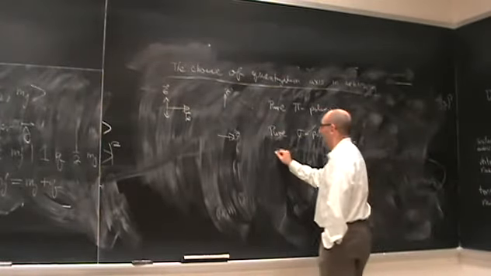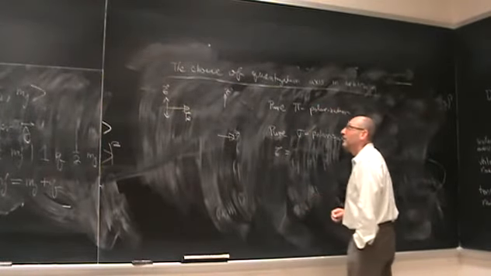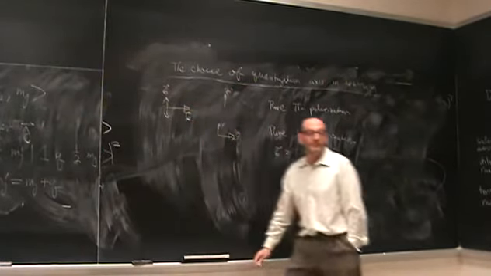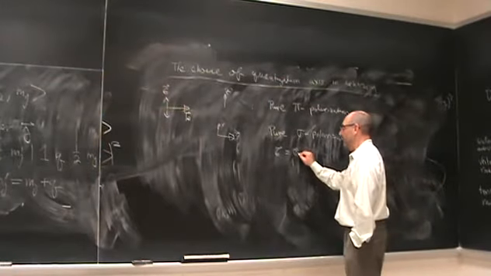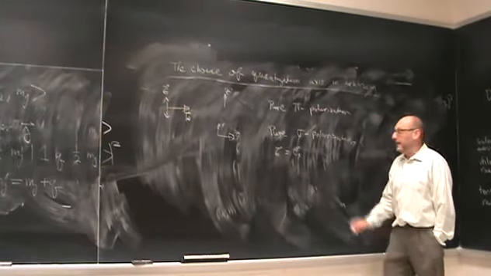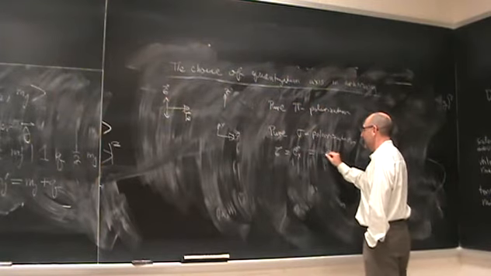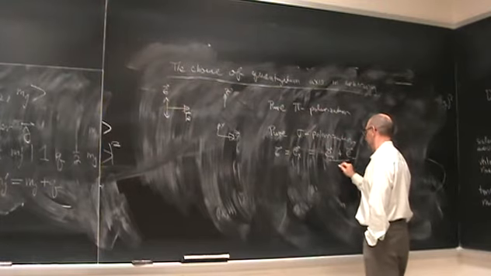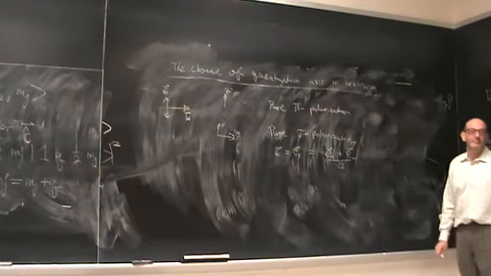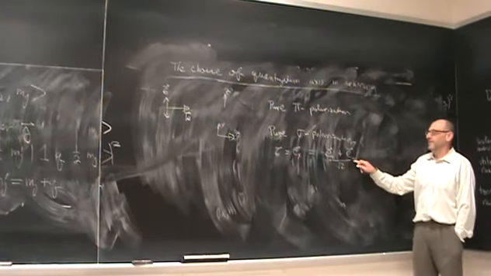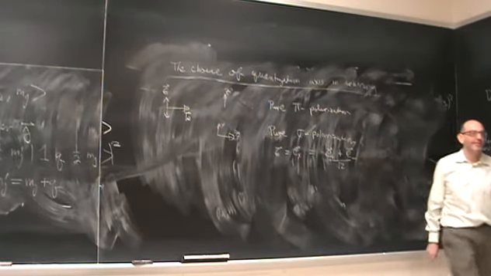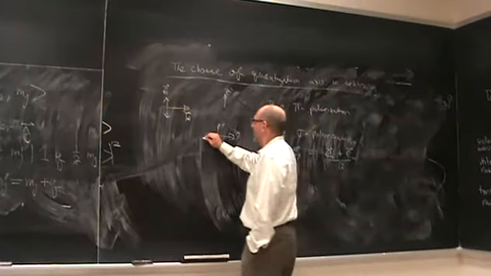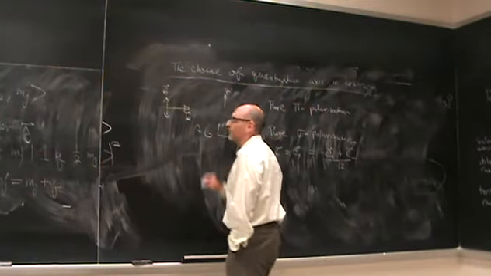In this case, if I call this the x-axis, epsilon is E sub x. But E sub x is a linear combination of E plus and E minus. So this is a superposition of both polarizations, of left and right circularly polarized light.